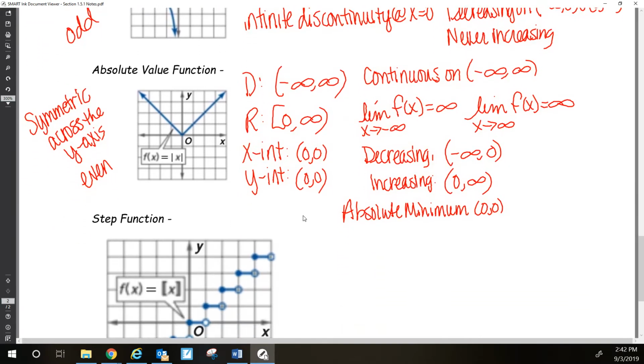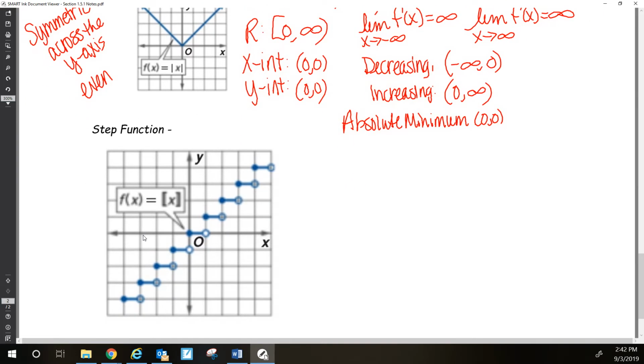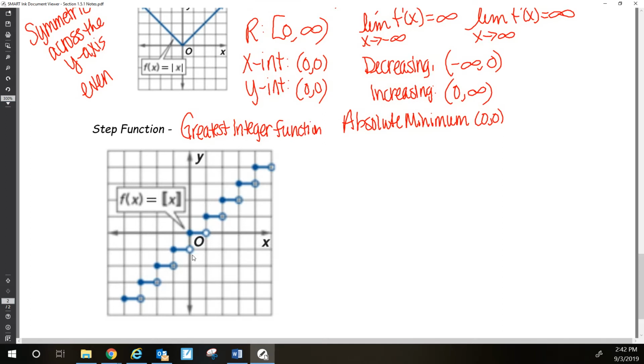So that's it for absolute value. Here comes the new one that we haven't seen before. It's called the step function. You could also see it called the greatest integer function. All right, and this one you really can't see because it's fuzzy, but f of x is equal to this thing that looks like a bold-faced bracket on either side. And so that's the greatest integer function.